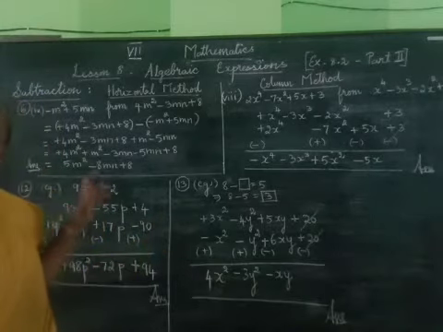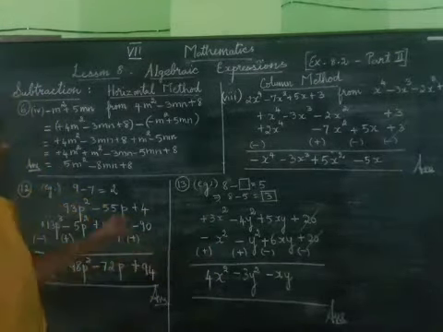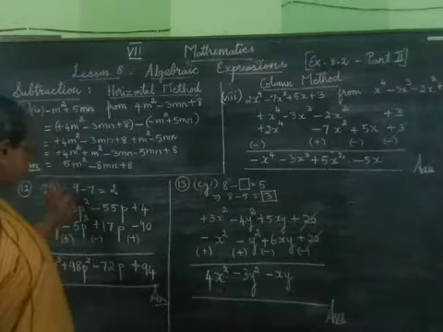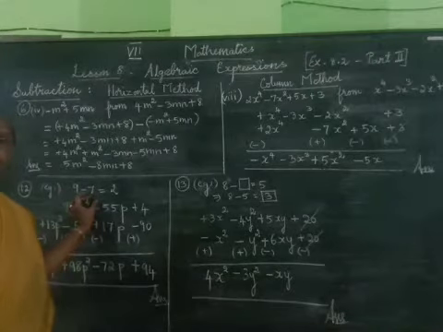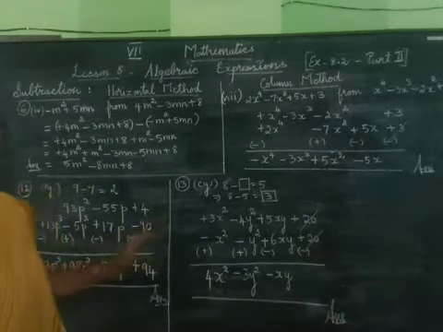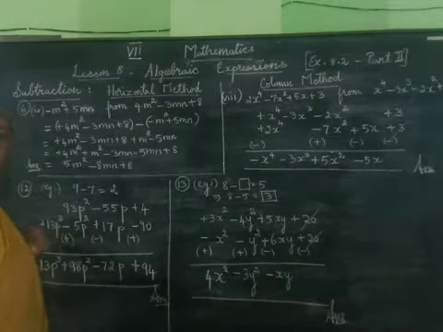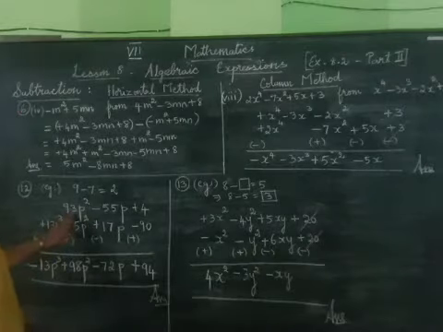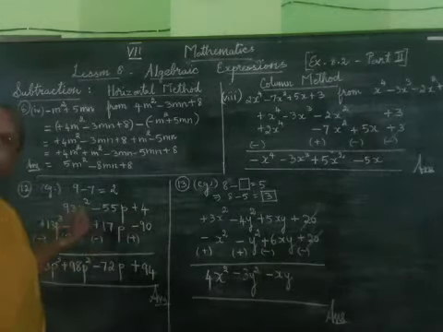So the same principle we are going to follow in the algebraic expression. From the first expression, we have to subtract the second expression. What is given in the first expression we will write on top, and the second expression we will write below that. So 93p squared minus 55p plus 4 I have written in the first line.